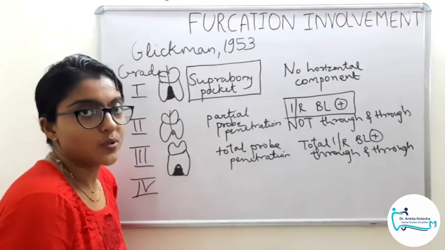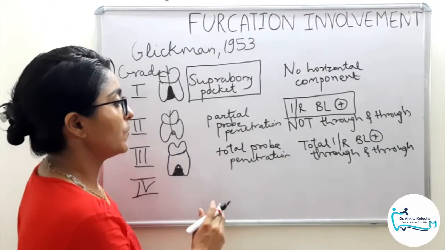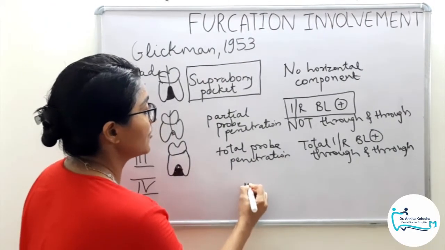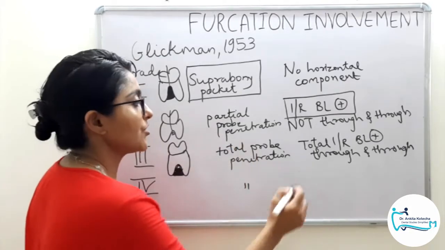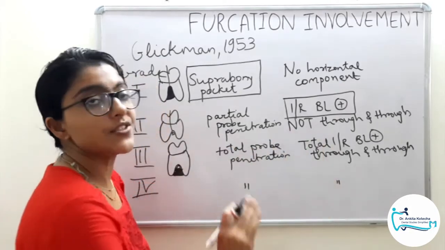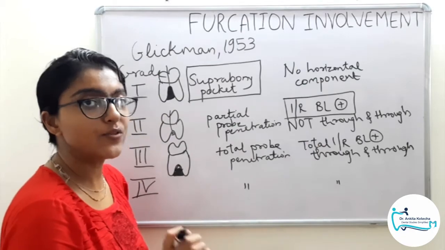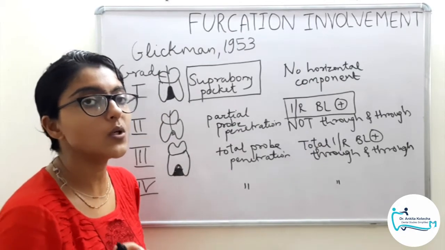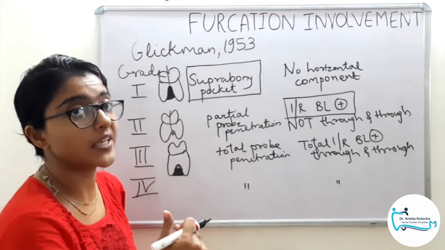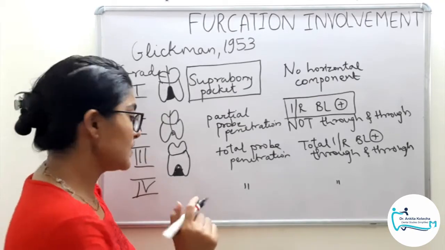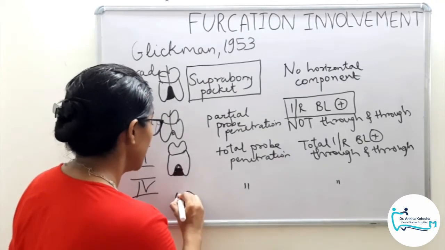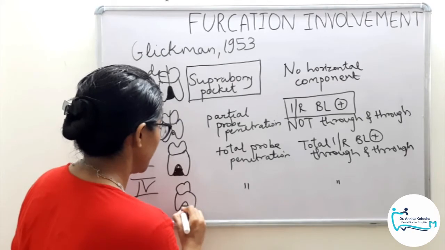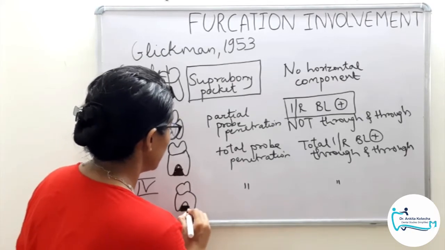Coming to grade 4, the furcation involvement is similar to grade 3, that is total probe penetration owing to complete interradicular bone loss and through and through penetration of the probe. So now the question arises, what is the difference between grade 3 and grade 4? The difference between grade 3 and grade 4 is the level of the soft tissue, that is our gingiva.